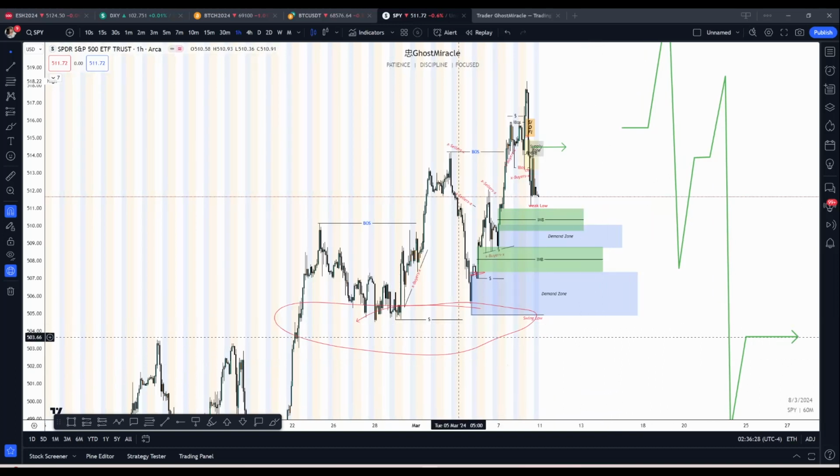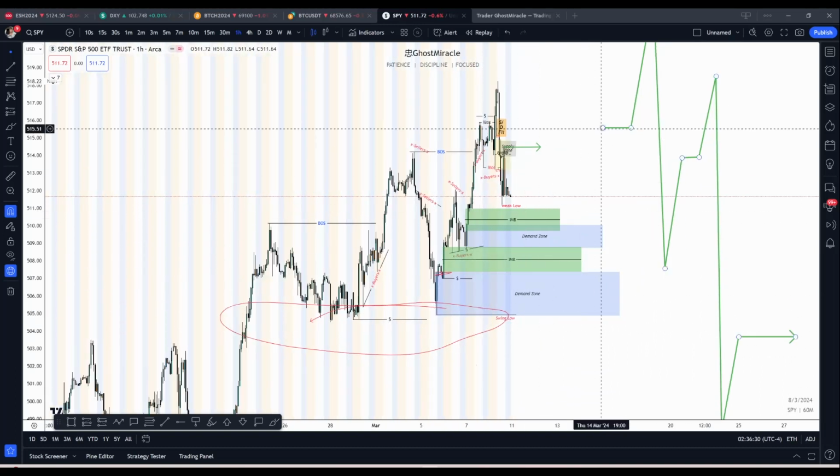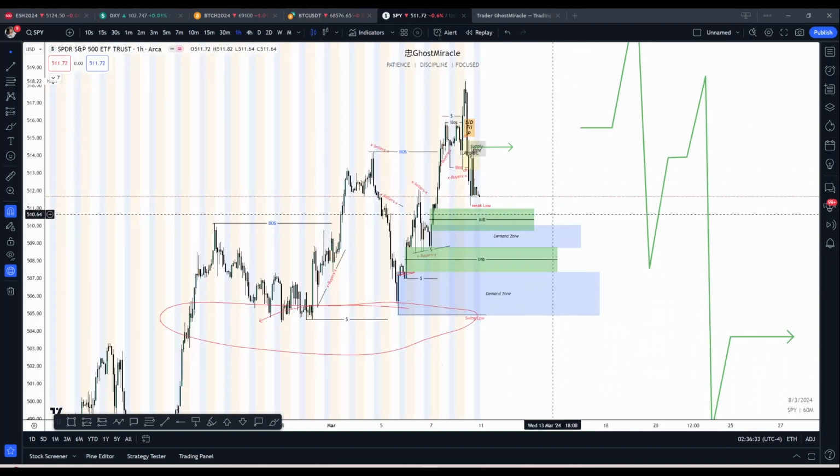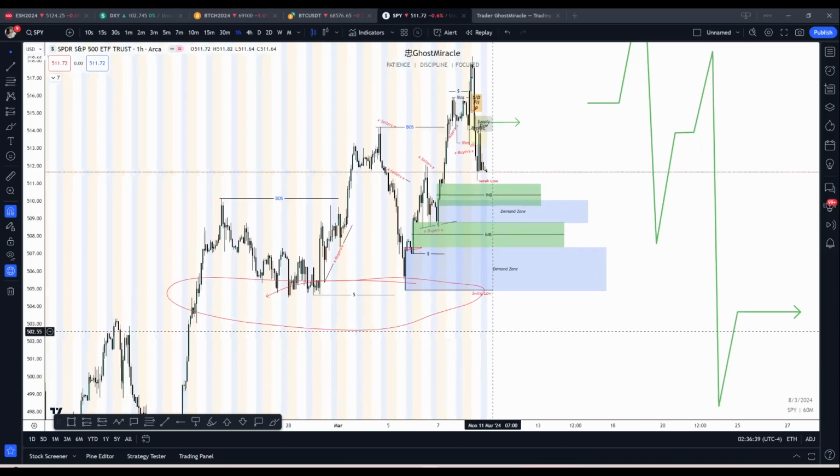The market doesn't want people to make money, and it's setups like this which cause those smart money traps.